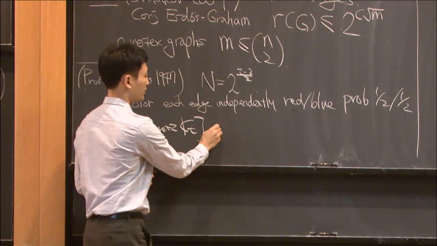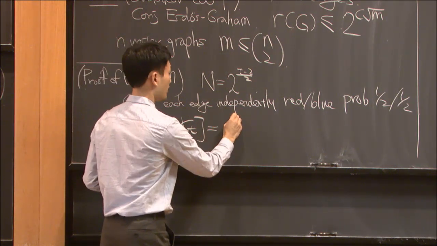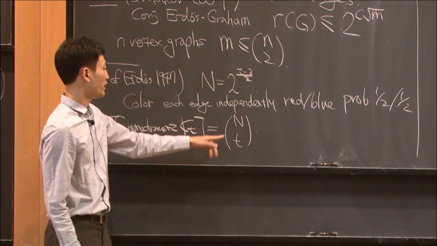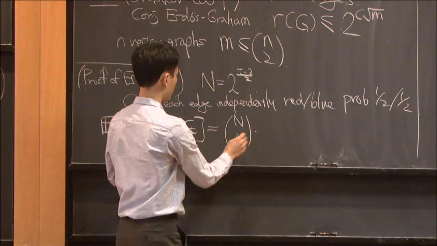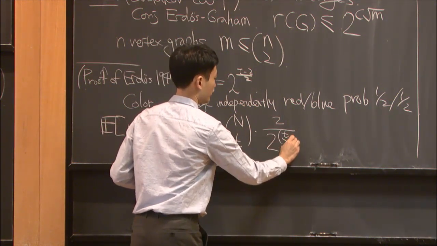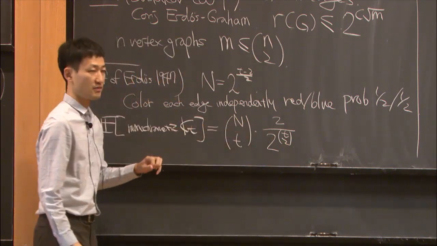What you get is equal to n choose t, that's the number of ways to choose t vertices, times the probability that a single copy is monochromatic, which is 2 over 2 to the t choose 2, because there are 2 possible colors, red and blue.